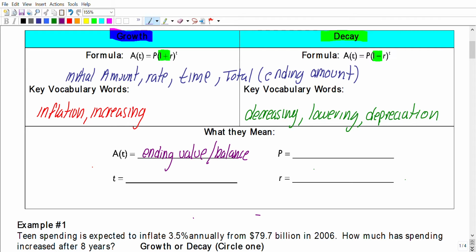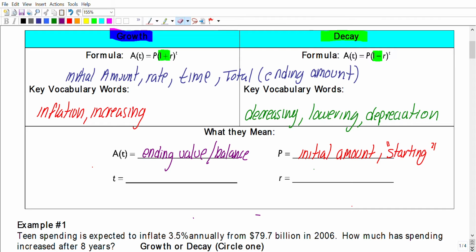Our P is what's called our principal, or our initial amount. Another word you might see is starting. If you hear the word starting anywhere in those word problems that we're about to see, you'll know that we're talking about the P value. All right, let's keep going.